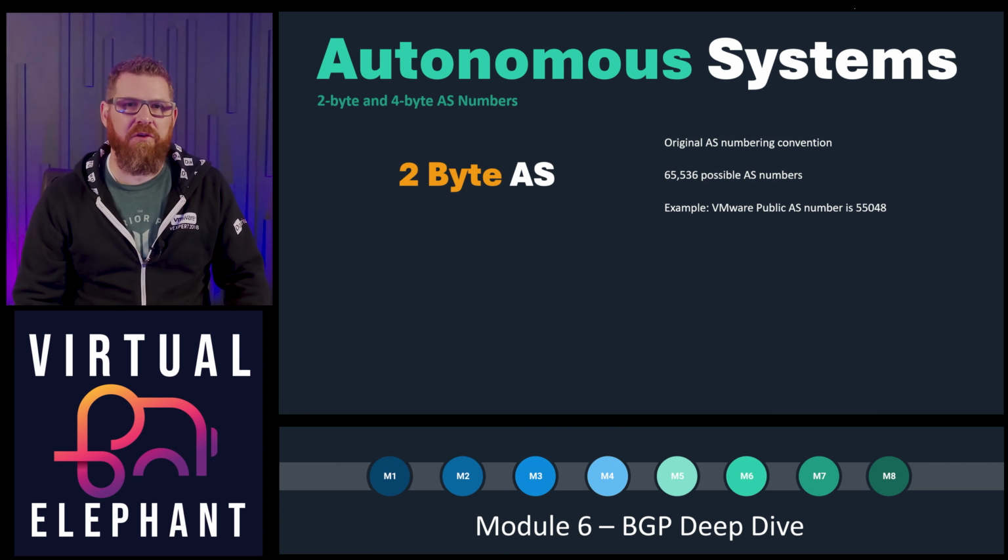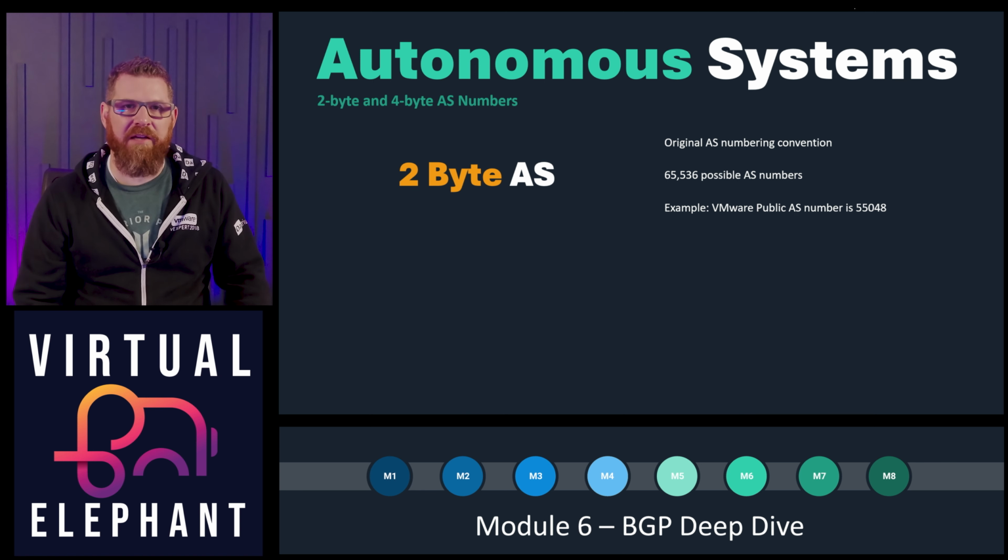Within that collection of ASNs, there are certain ASNs which are dedicated to private ASNs, which can be reused within an organization's network and can be duplicated across organizations without influencing one another, as well as public-facing ASNs. And so you can see here on the slide the ASN number for VMware, and this is the public ASN, which has been assigned to it by the governing body.